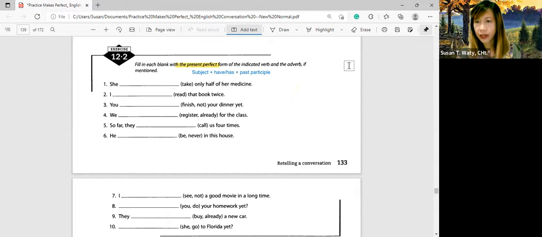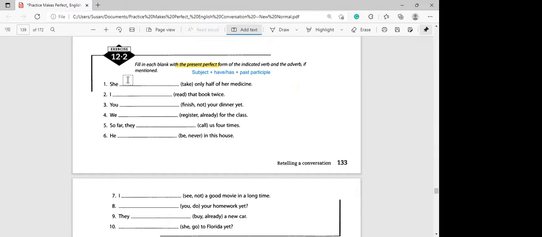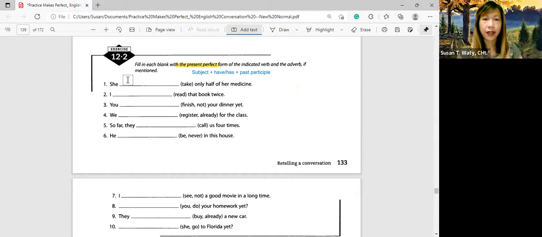Let's do this. Number one: she, blah blah blah, take only half of her medicine. Let's have Angelina try number one. She has taken only half of her medicine. Excellent. Let me write it down.